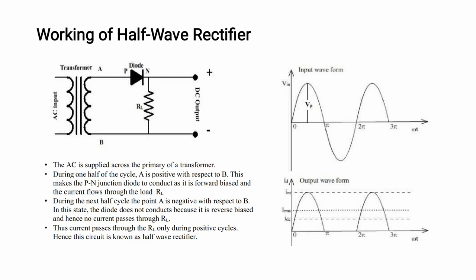So this is the basic circuit of the half wave rectifier, with an AC input, transformer, diode, resistance and DC output, and here we can see the input waveform and output waveform. So the figure shows the half wave rectifier circuit with a semiconductor diode and a load resistor, and there is no smoothing filter used.